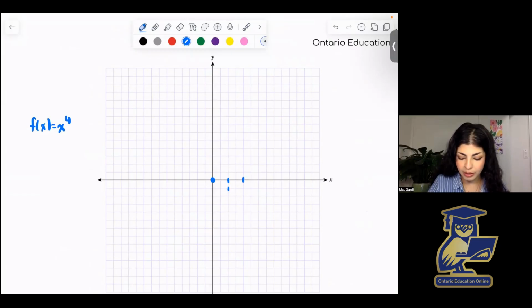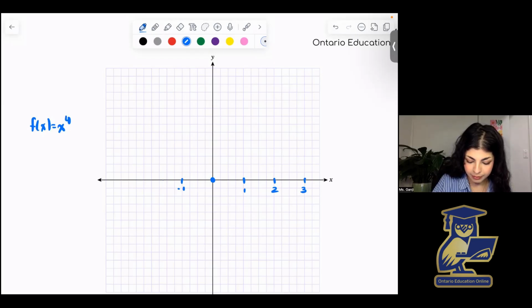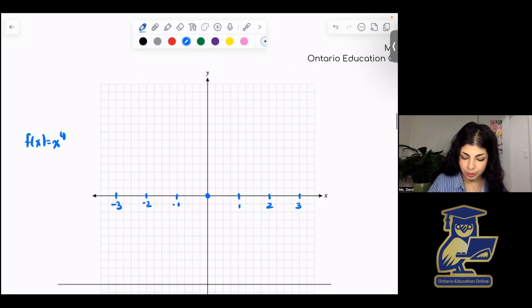So have 1, or maybe let me spread it out a little bit more, 1, 2, 3, and then here we would have -1, -2, -3, and then perhaps here I would choose 2, 4.